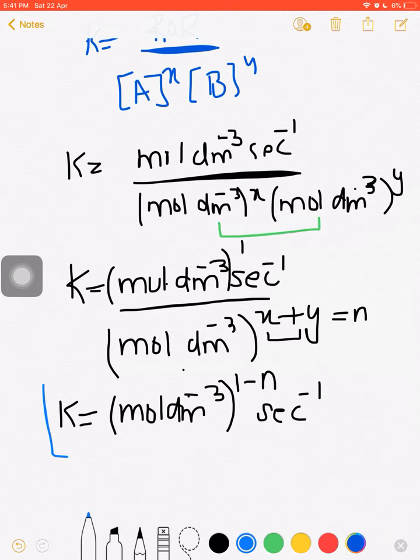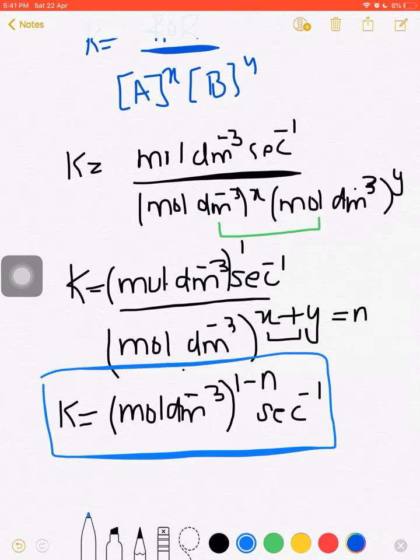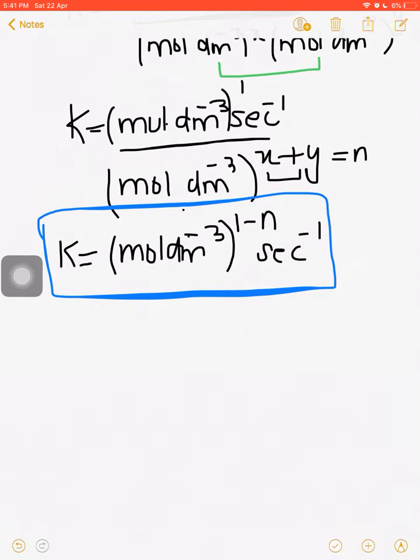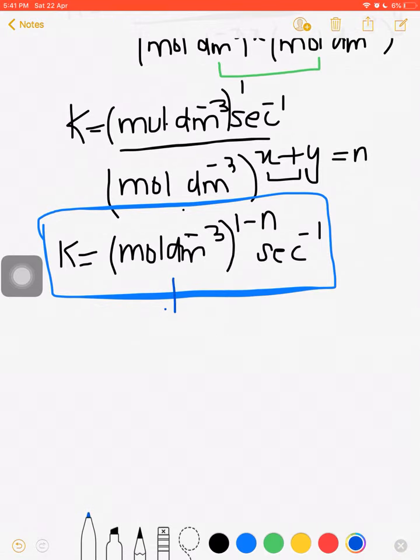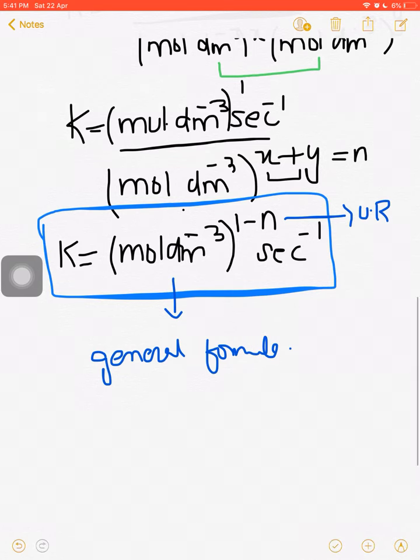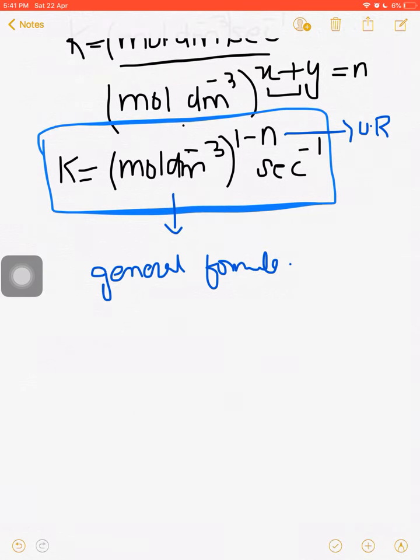This is the general formula of k to find the unit of k. In the unit of k there is also involvement of the order of reaction, and this is the general formula, right?